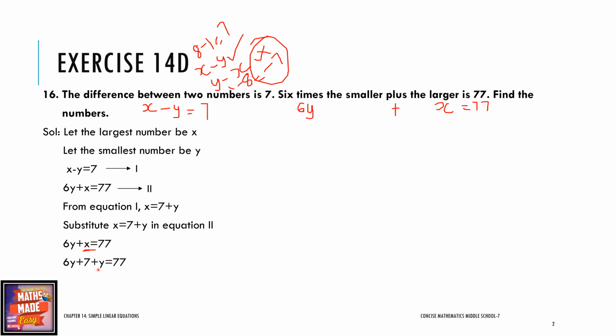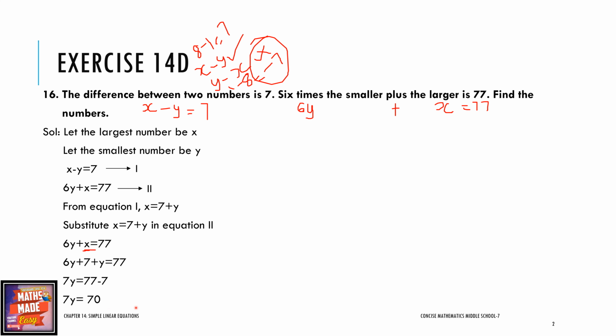Now add the y values: 6y plus y is 7y, is equal to... we have to find the y value, so get the 7 on the other side, so it becomes 77 minus 7. So 7y is equal to 70. One is positive, the other is negative, just put the bigger number's sign and subtract.